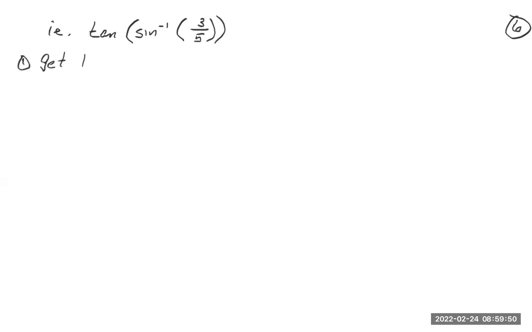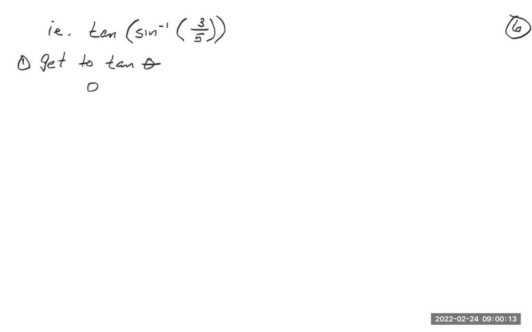Get to tangent theta, because I can only take the tangent of an angle, right? So I'm going to get it into this form so that in step 5, I can simply say, well, tangent is y over x, right?